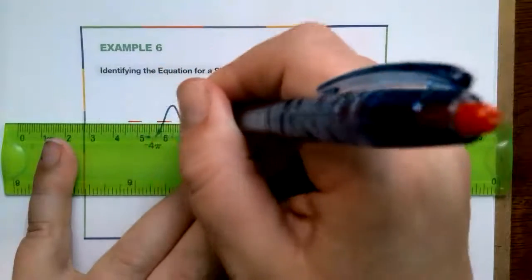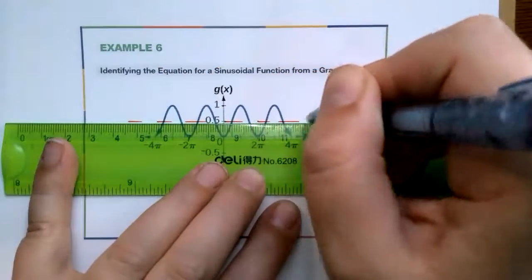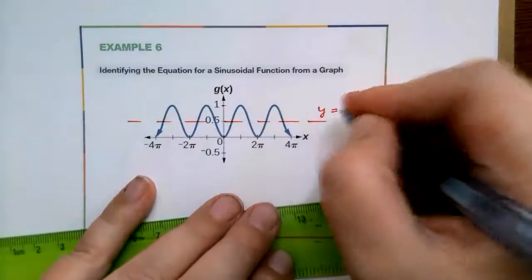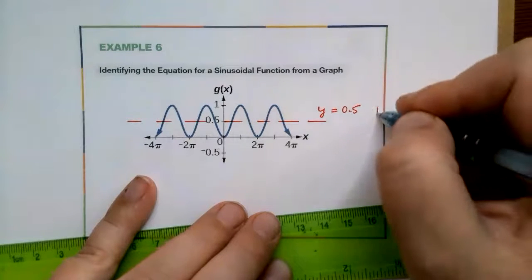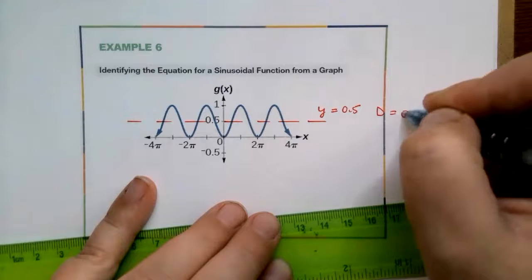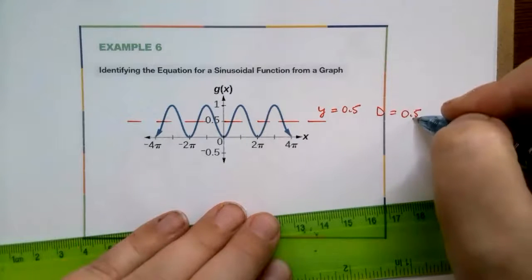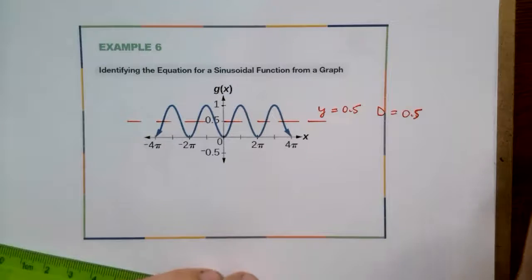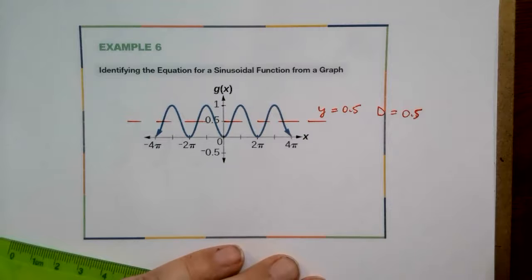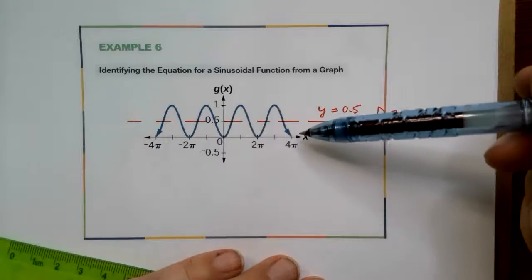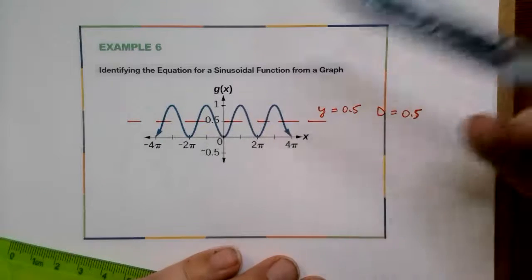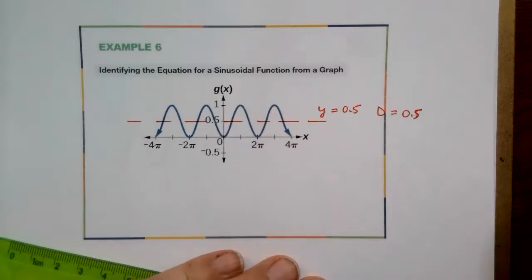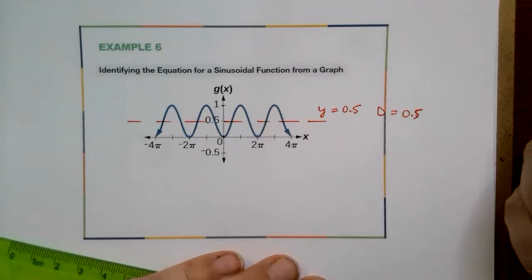So this would be my midline, which is y equals 0.5, which tells me that d equals 0.5. Then we should choose which function we are going to use, because this equation could either represent a sine function or a cosine function, shifted or flipped.